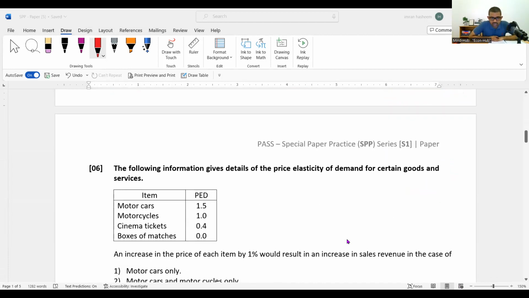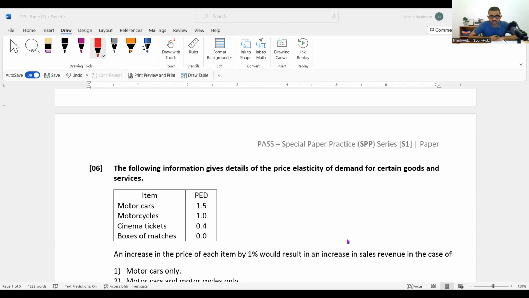Then question 6. The following information gives details of the price elasticity of demand for certain goods and services.